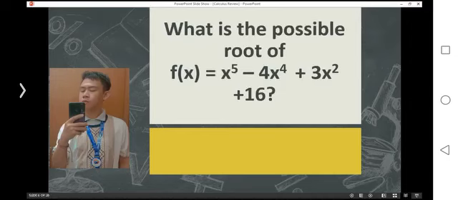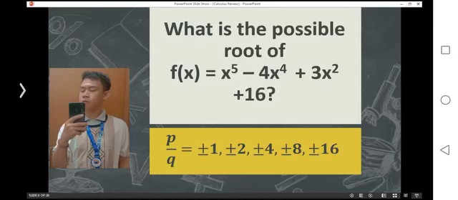Factors of 16 are plus or minus 1, plus or minus 2, plus or minus 4, plus or minus 8, and plus or minus 16. Those are the factors of your p. And for the q, that is the leading coefficient. The leading term here is x to the 5th with a leading coefficient of 1. So factors of q are plus or minus 1. So the possible roots, the correct answer, are plus or minus 1, 2, 4, 8, and 16.